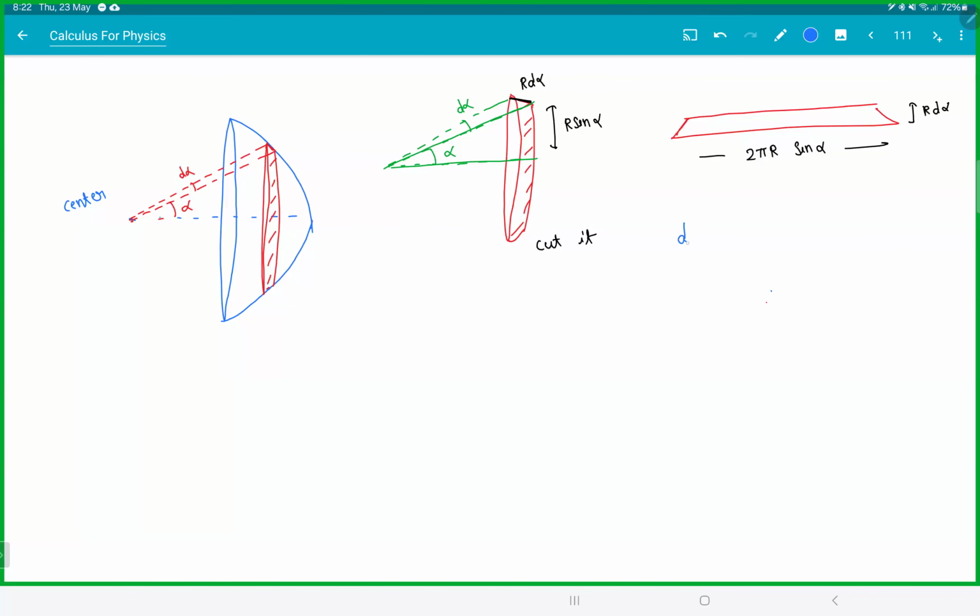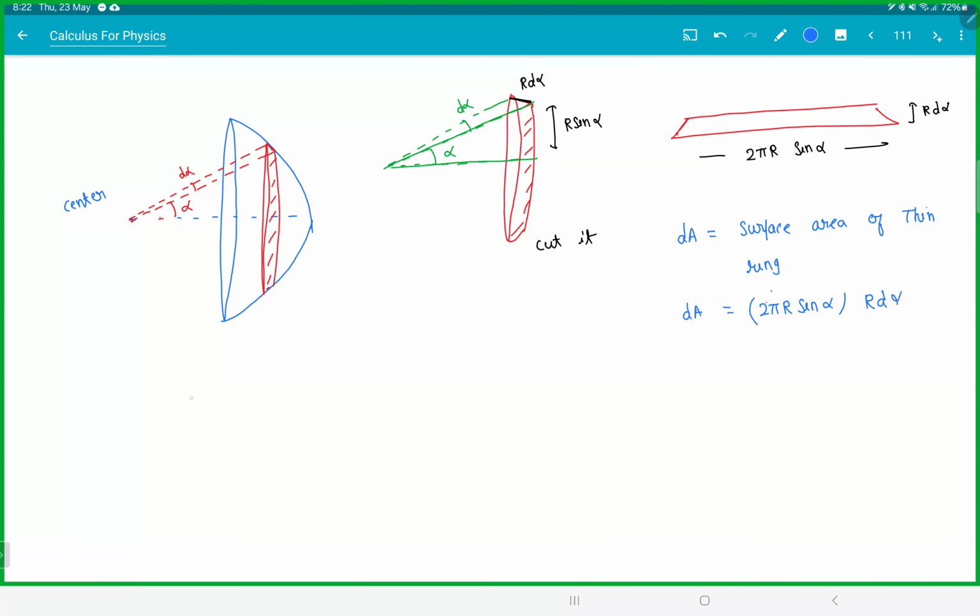So the area of this thin ring, basically the surface area, is length into breadth, which is 2 pi r sine alpha, that is your length, and breadth is r d alpha. So this is your area.